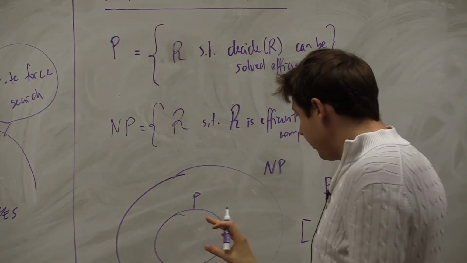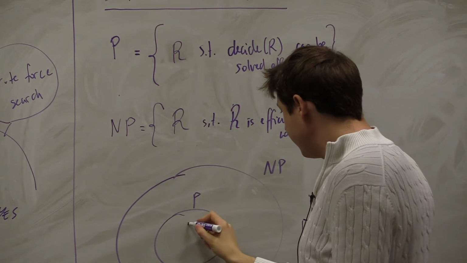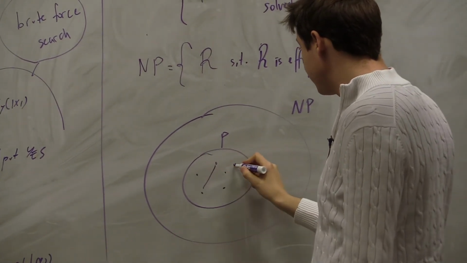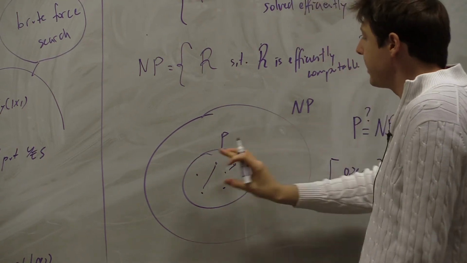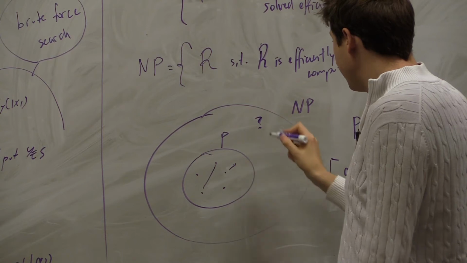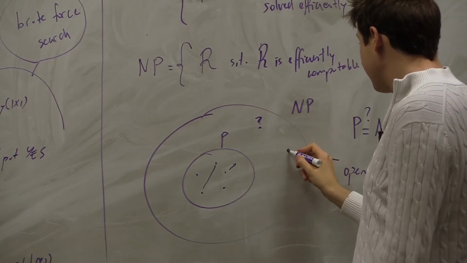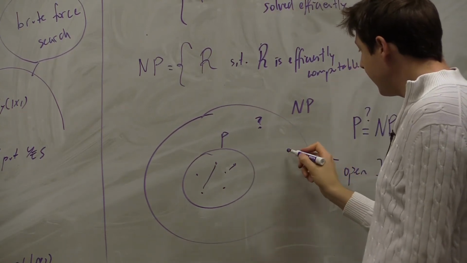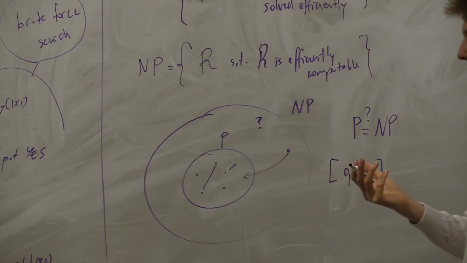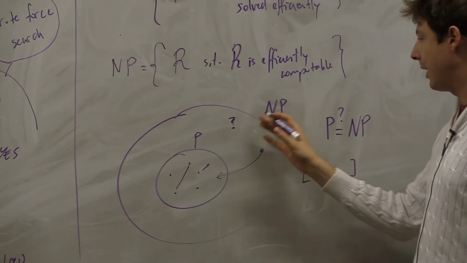Now, so far in this course, we have been studying specific problems inside here, and sometimes we have been relating these problems through reductions. But at the end of the day, we always had an algorithm, right? If we want to try to understand this space, one option, of course, is to take something that is here and try to move it in here by giving it an efficient algorithm. But for all we know, these two classes could be different.